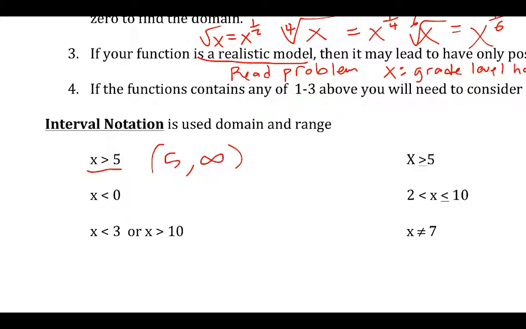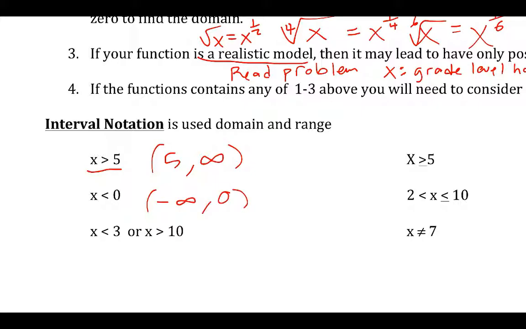It means not including. I'm not including 5. Am I including like 5.1? Yeah. 5.01? 5.0001? Anything slightly bigger than 5 works, but if I say 5, that's not actually in this interval. It's not included. X less than 0, you have to start negative infinity to 0.